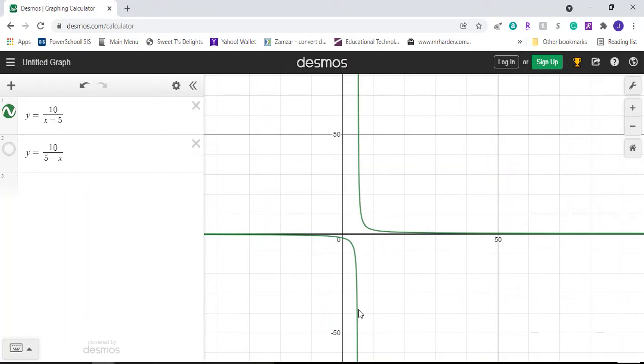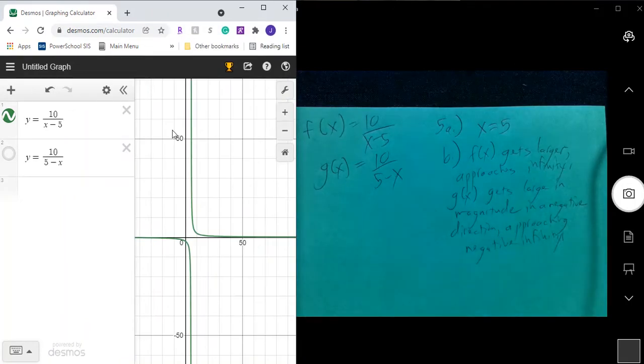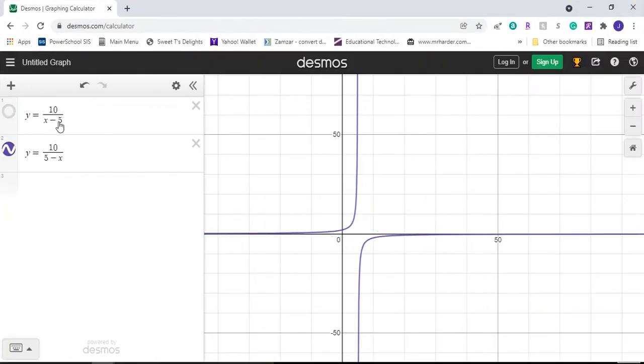Magnitude is getting larger, but it's going to the negative infinity side. That's basically it from the graph, what's happening with the outcome.